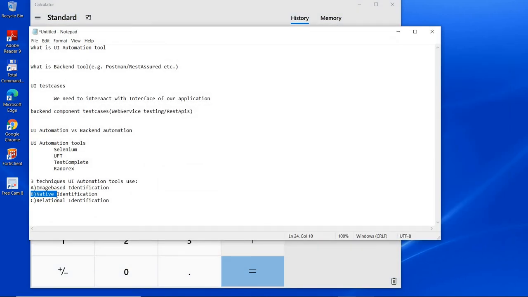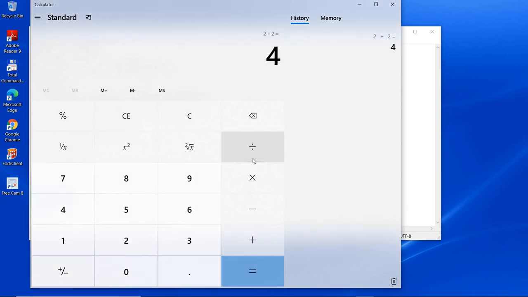Now let's understand the third one, that is relational. Relational identification means, let's say I am identifying a certain person not based on his image, not based on his physical attributes, but based on the relationship he has with another person, and that other person with whom he has a relationship, I know.